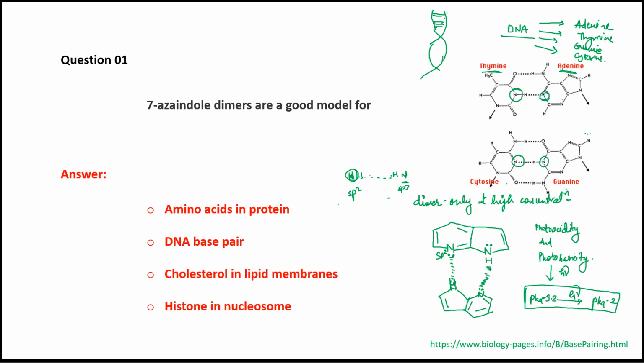So we can say that such type of hydrogen bonding, which is quite common in the case of DNA base stacking, is similar to what you have observed in 7-azaindole dimers. Maybe the molecules are different, but the sort of NH interaction which is observed in both is similar. So basically, we come to our answer, and that is DNA base pair.